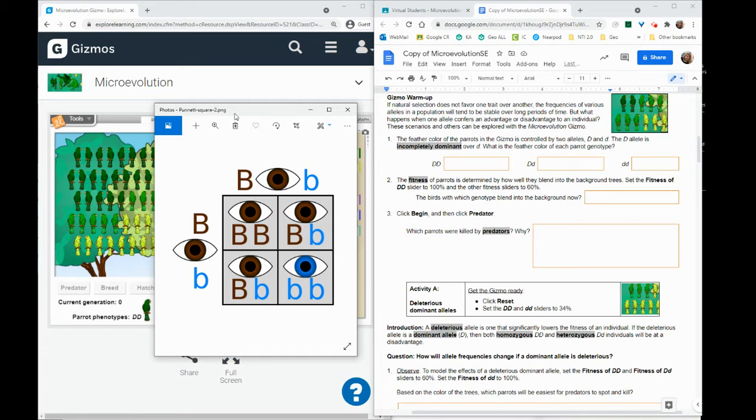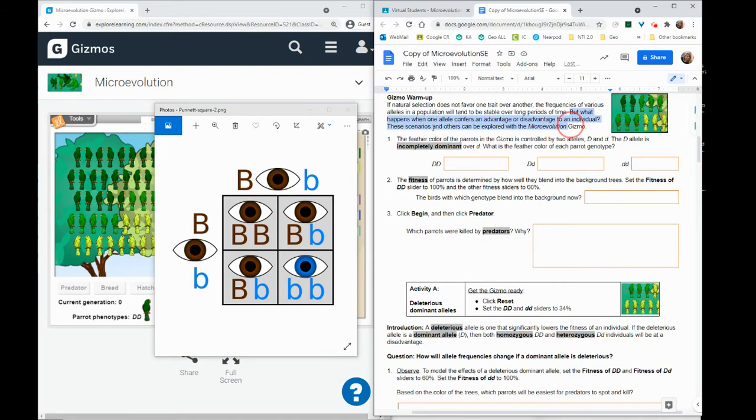So they're obviously different forms of that eye color gene, but there's no advantage for survival of having brown eyes compared to blue eyes or having blue eyes compared to brown eyes. So the frequency of brown eyes and blue eyes remains relatively stable over time. Sure, there may be more of one than the other, but that frequency remains pretty consistent. It doesn't go up or down significantly. It stays pretty much where it's at.